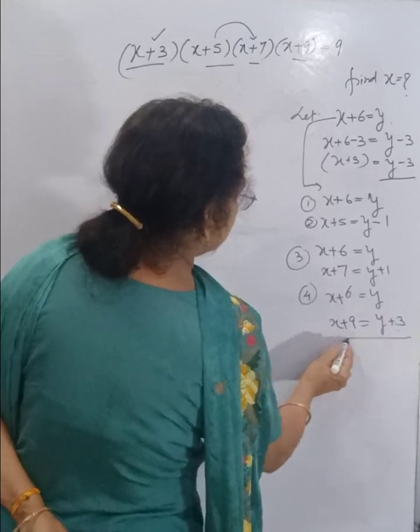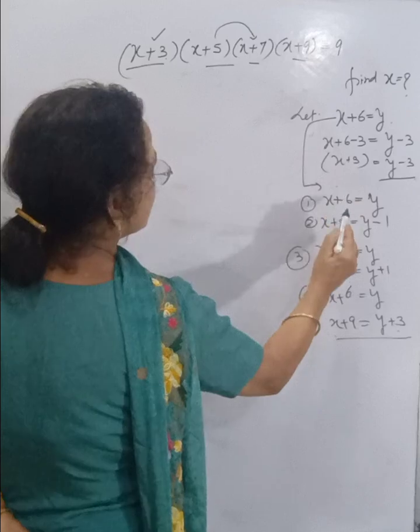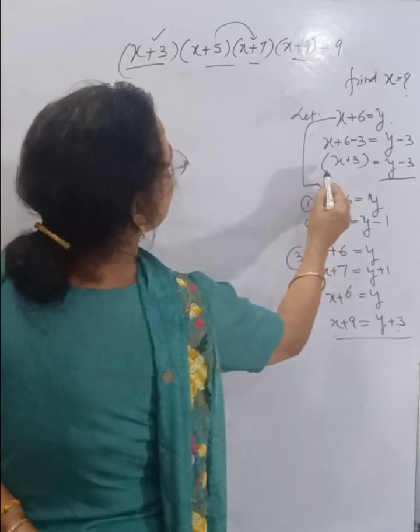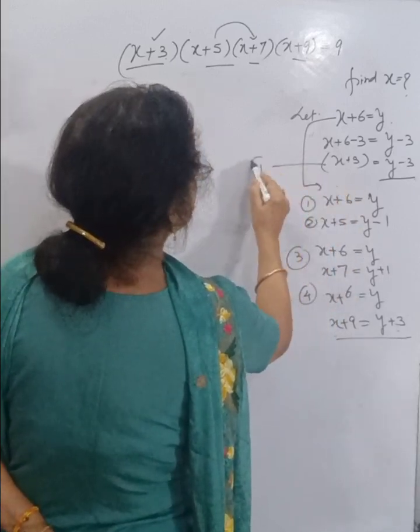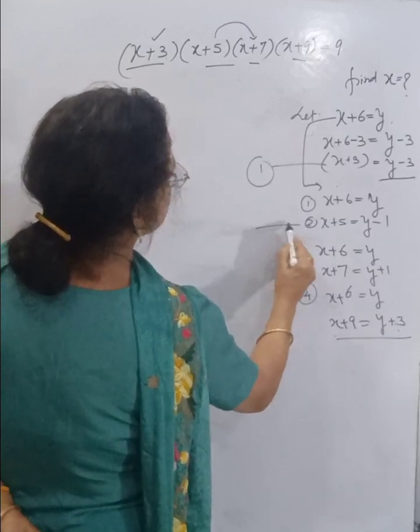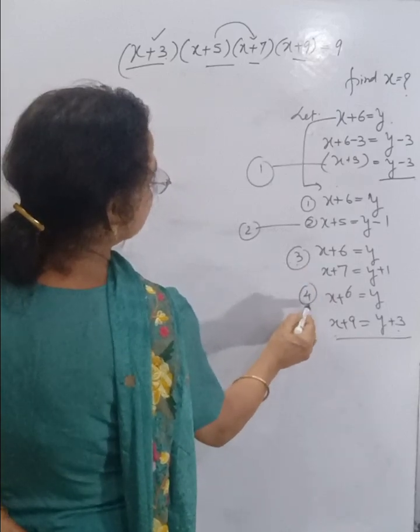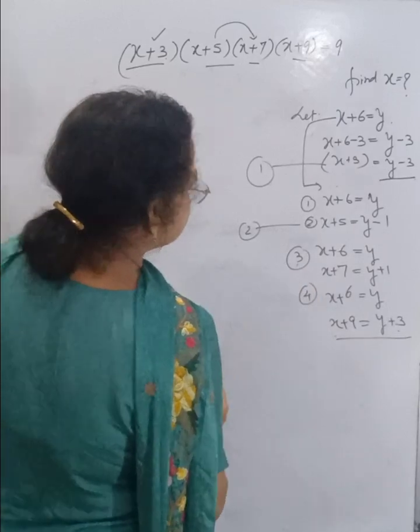Clear? These are the values of the first, second, third, and fourth terms.